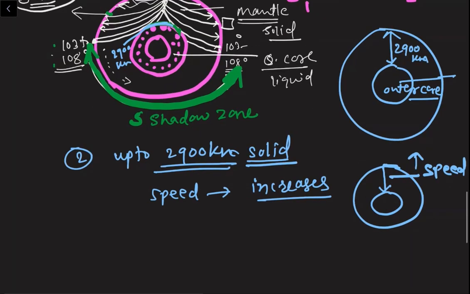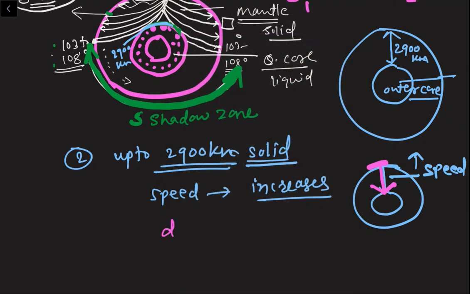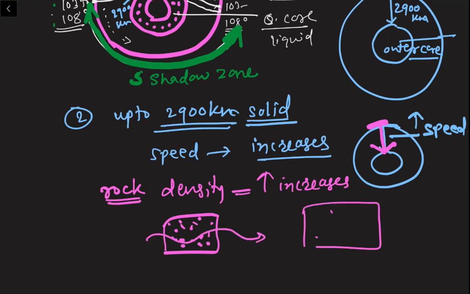You can conclude one thing from this: as you go towards the interior of the earth from the surface, the density of the rock increases. We have studied earlier that if the rock is denser, these waves travel faster. If the rock is not denser, they travel very slowly.